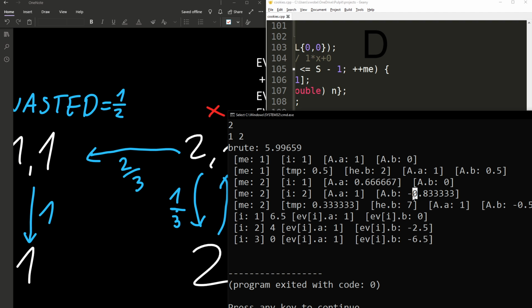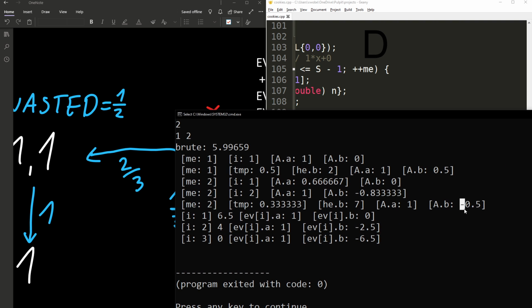Did I compute it incorrectly? Wait, yes, I did something stupid. Was this B here before? Oh, earlier I just printed that. It is this times 1/3 minus 5/2 minus 5/6. Okay, this is minus 5/6. And I add TMP.